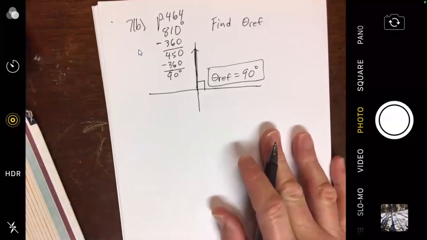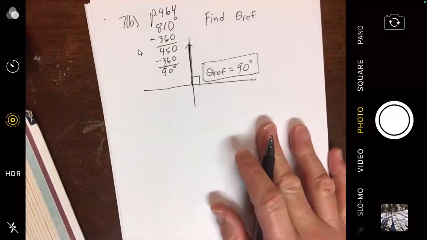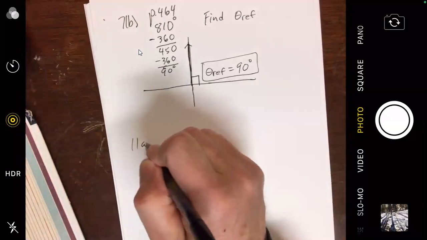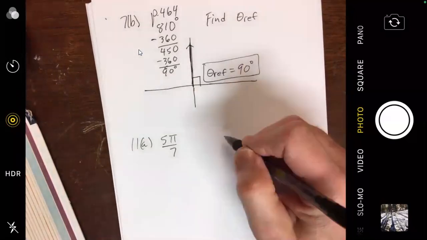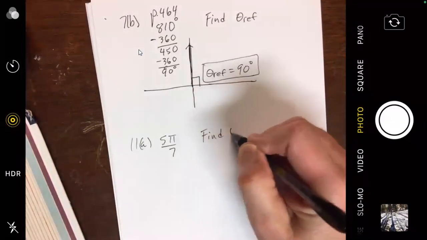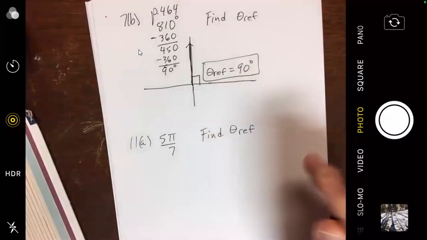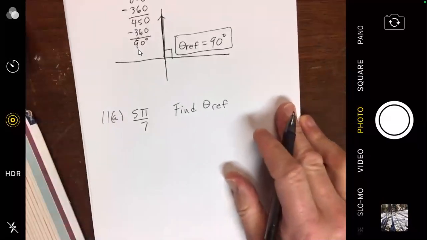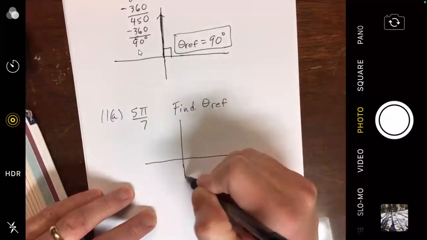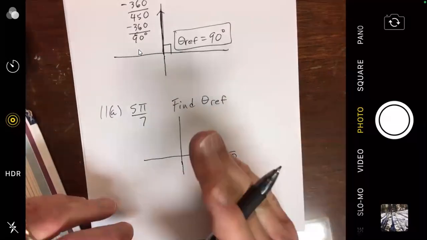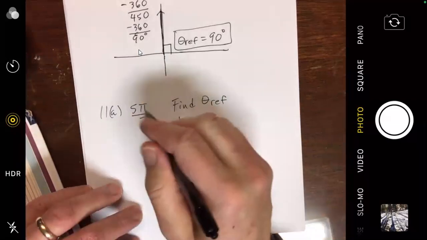Okay, let's see. What about a different system? Why don't we try 11A? 5 pi over 7. Find theta ref. Now, remember this is 0. Got to be able to work in a system like this.